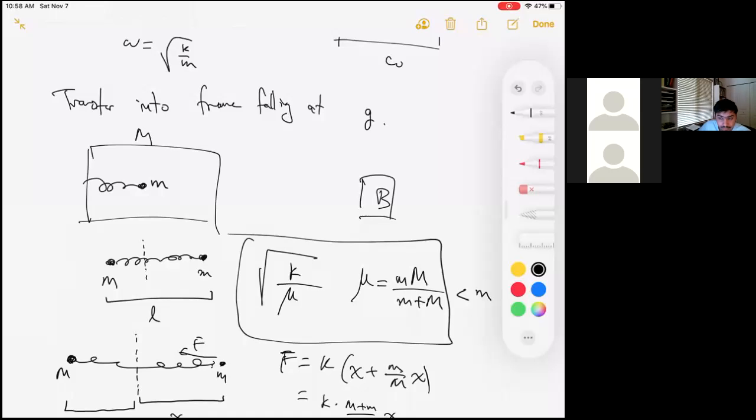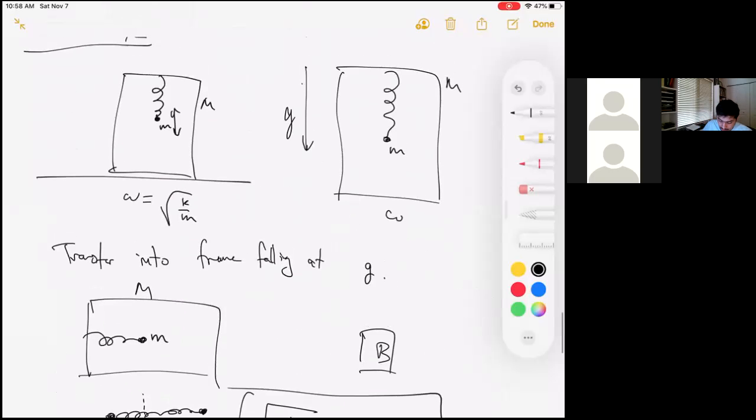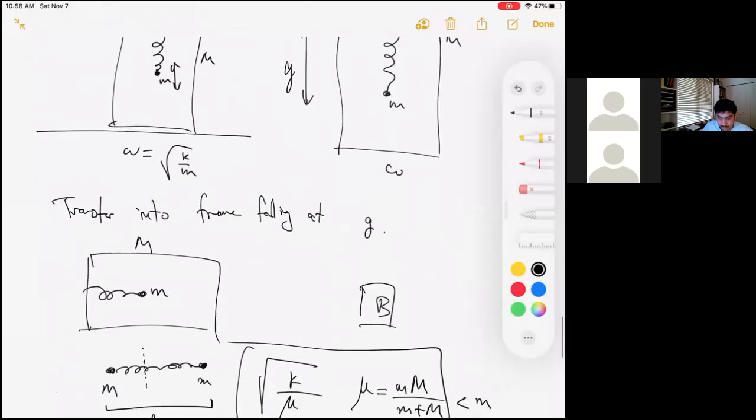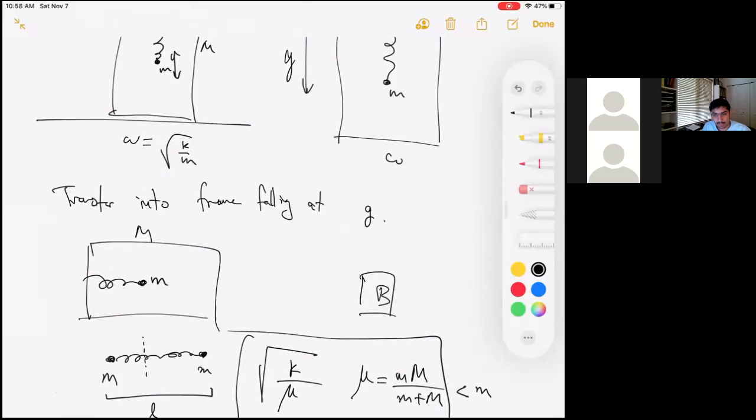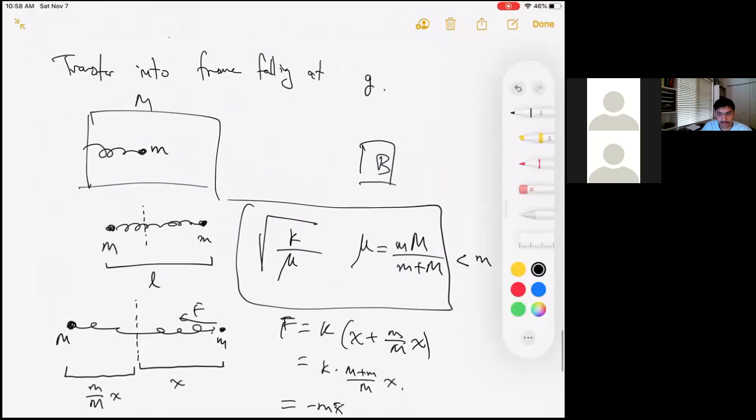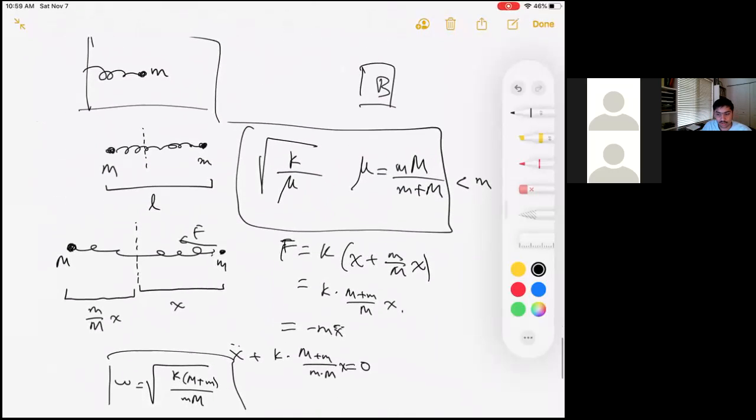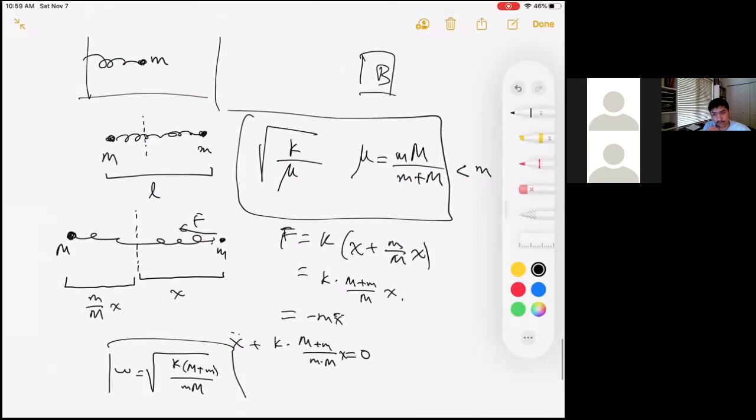I'll just give everybody a little bit more time. So any questions about the falling frame, and that's equivalent to just free space? Any questions about this two-body oscillation? This two-body oscillation shows up quite a bit, so knowing how to deal with it is pretty important. And the main idea behind the two-body oscillation is that the center of mass stays fixed, and that allows you to do the analysis.